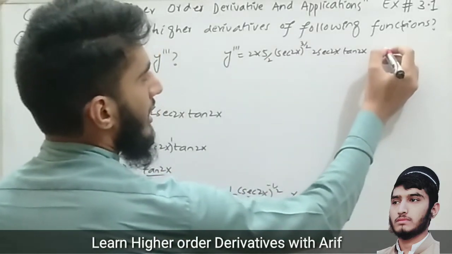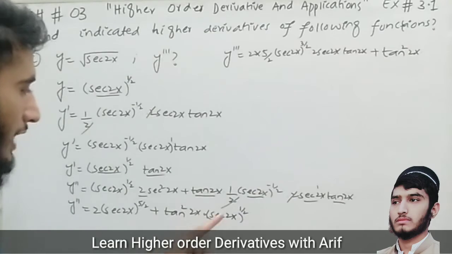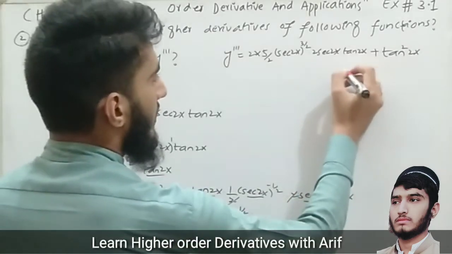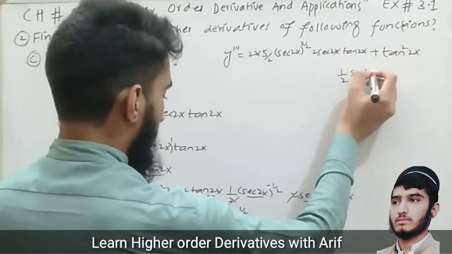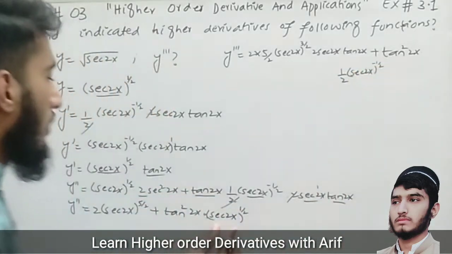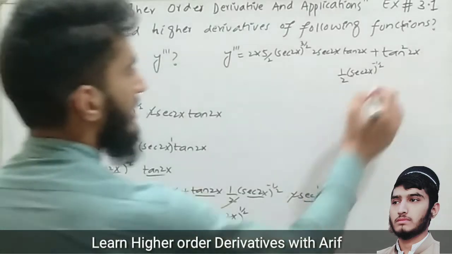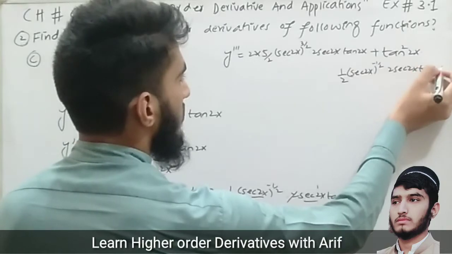So we will use the product rule of differentiation. Tangent square 2x is the first function; the derivative of this function will be 1 over 2 secant 2x whole power minus 1 over 2, and the inner function derivative is 2 secant 2x tangent 2x.